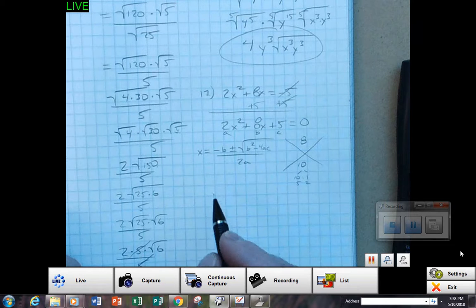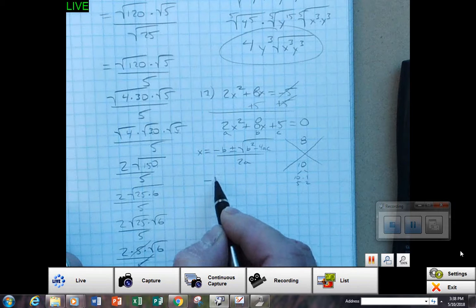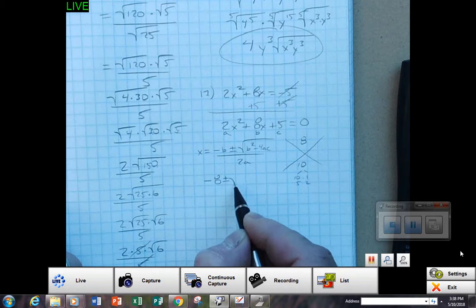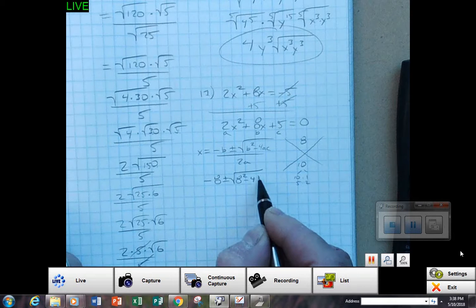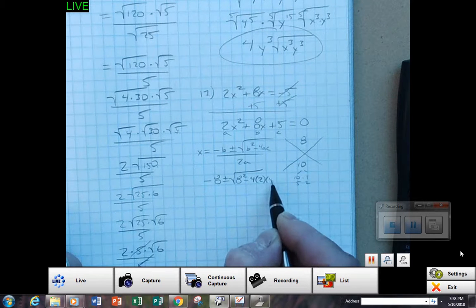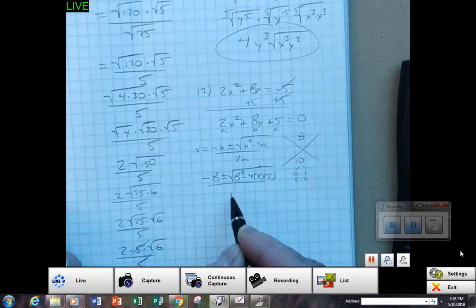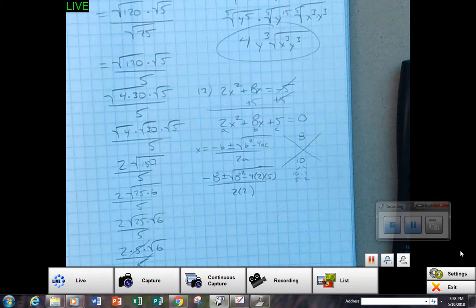So if I plug those in, that gives me negative 8 plus or minus the square root of 8 squared minus 4 times 2 times 5, all over 2 times 2.